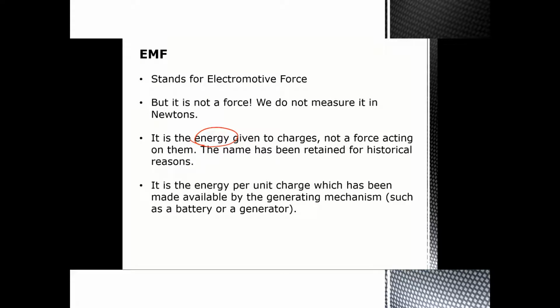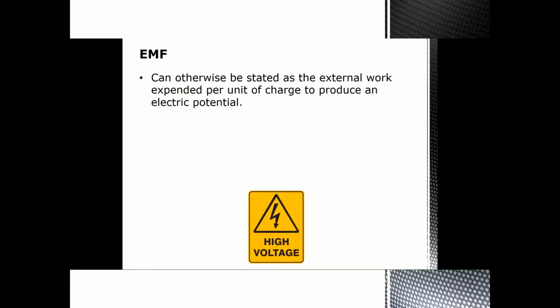It is the energy per unit charge which has been made available by the generating mechanism, such as a battery or a generator. So EMF can otherwise be stated as the external work. Remember, external work is the energy applied from an external object, expended per unit of charge to produce an electric potential.